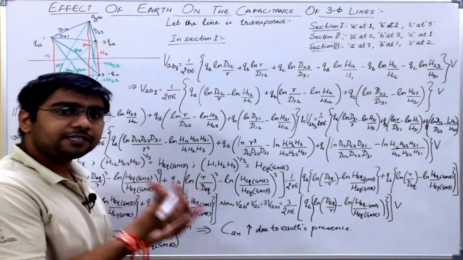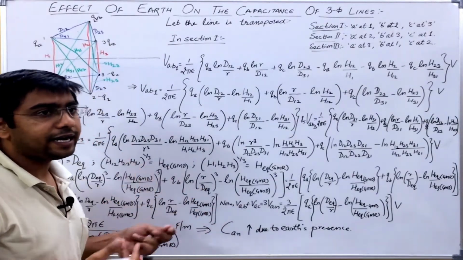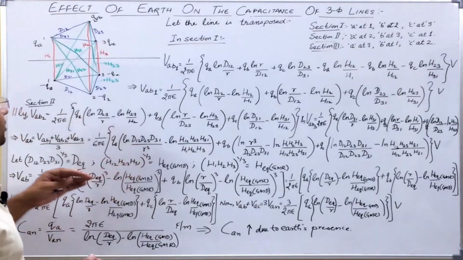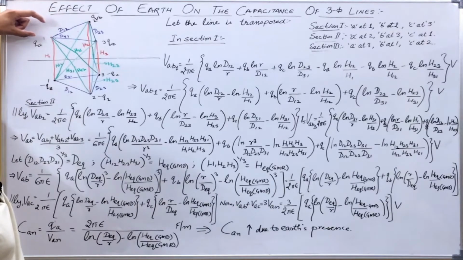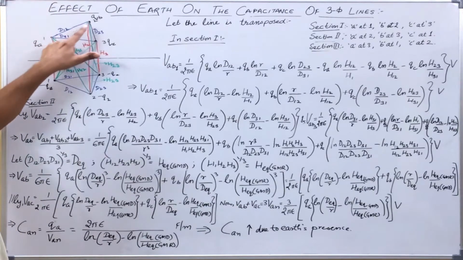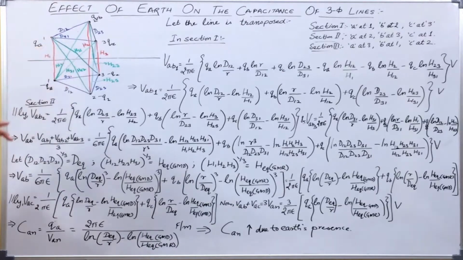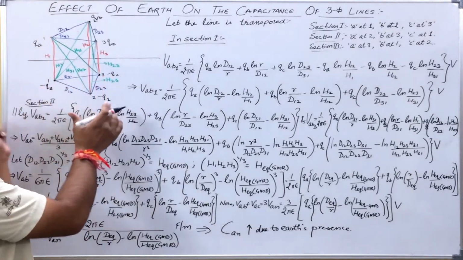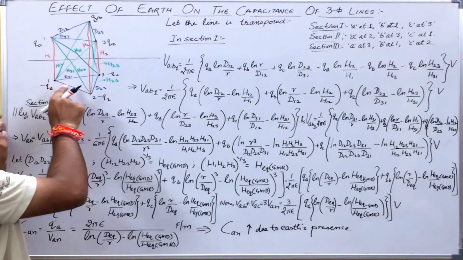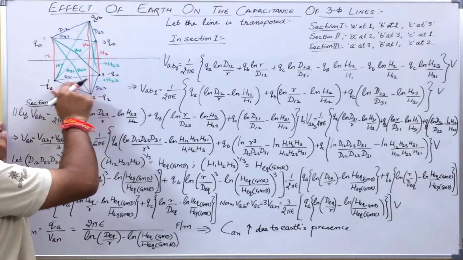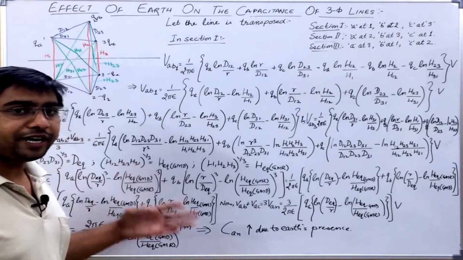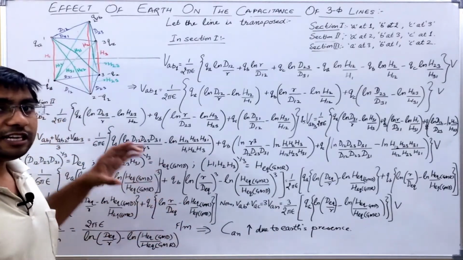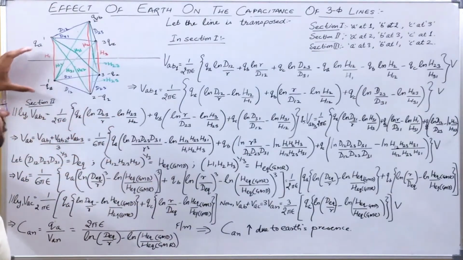For simplicity and understanding, I have used three colors. The blue color shows the distances of the phase conductors in the actual line, that is D12, D23, D31. Since this is the exact image, these distances will remain the same. By the red line I am showing the distances between the conductors and their images of the same phase.